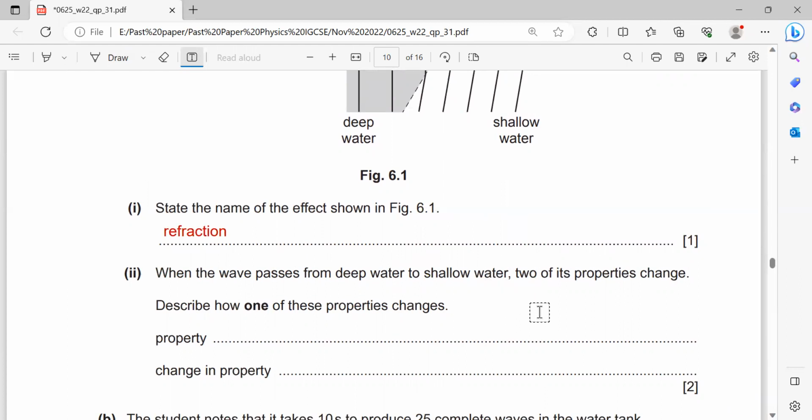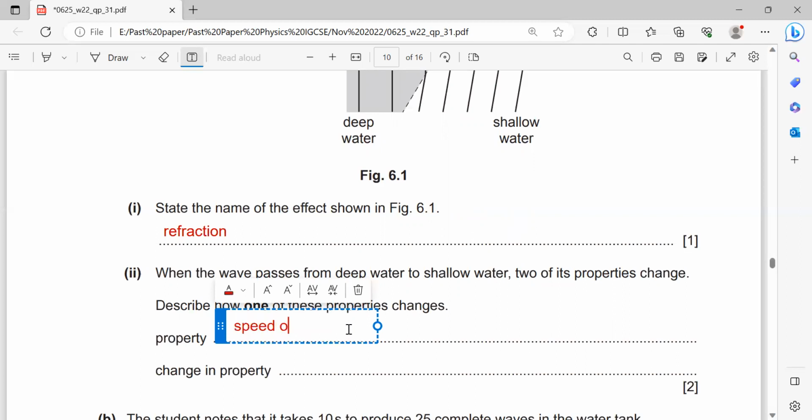When a wave passes from deep water to shallow water, two of its properties change. Describe how one of these properties changes. Of course, speed, the wave speed.